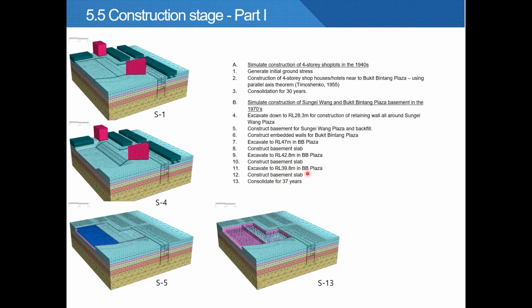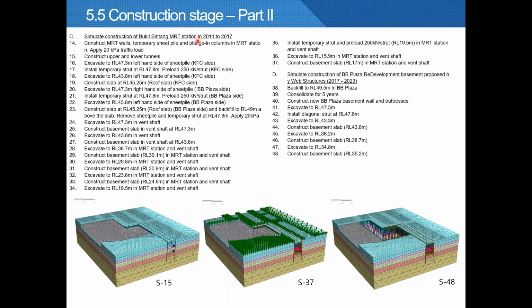And this will bring us to 2014, before the construction of the tunnels. We then simulate the construction of the tunnels and the 5-level underground MRT stations and the vent shaft by sequential top-down construction, and reset the total displacement to 0. And this will bring us to 2017.